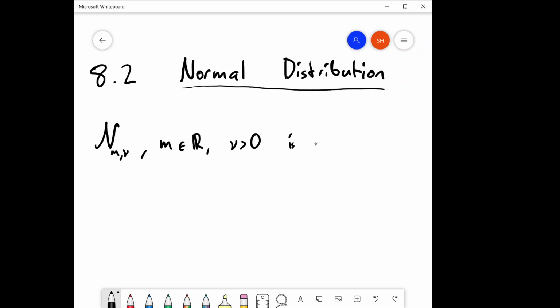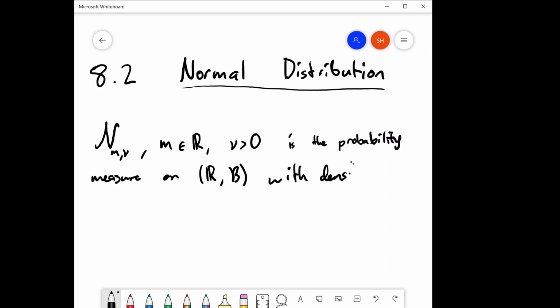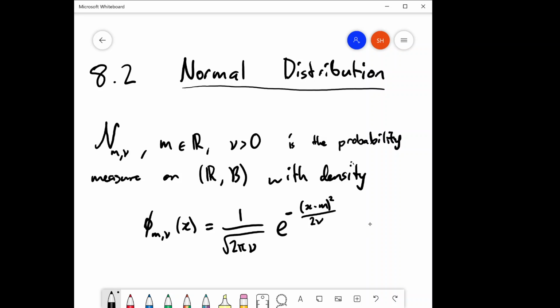It is the probability measure on R with its Borel sigma algebra with density phi_{m,nu}(x) = 1 on square root 2 pi nu, e to the minus (x minus m) squared on 2 nu, for x in R.